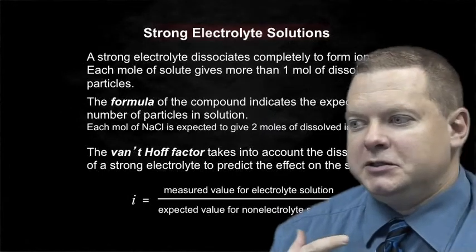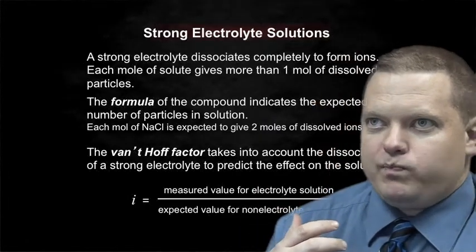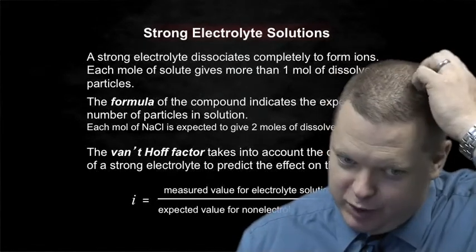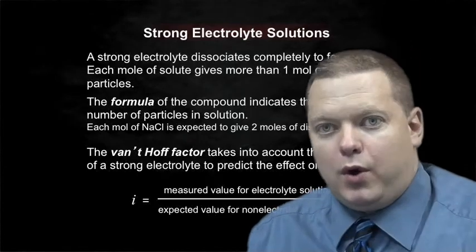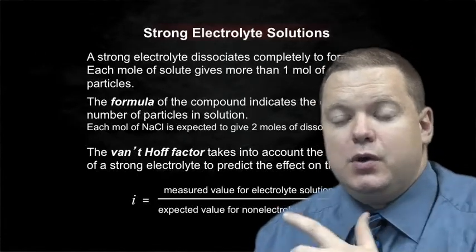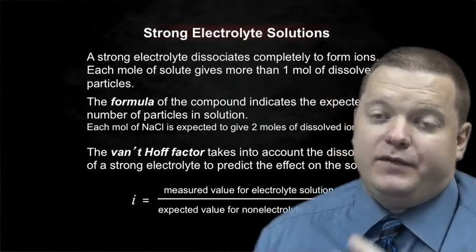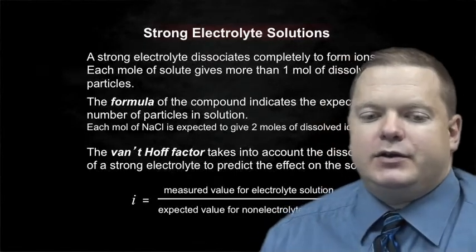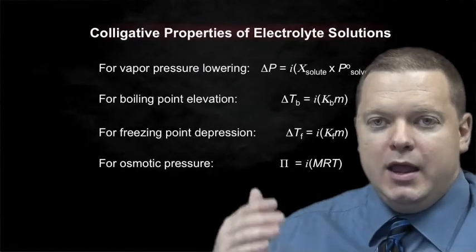For something that has 3 particles, magnesium chloride, MgCl2, is soluble, so it would have a Van't Hoff factor of 3. If we include this Van't Hoff factor in those colligative properties, we just include that value i in front of them.